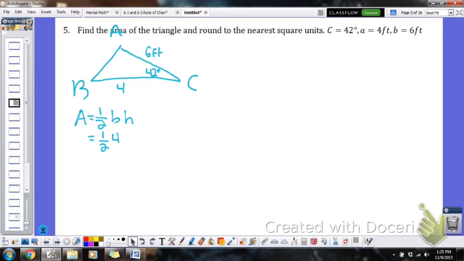In this case, I'm going to use 6 times the sine of my angle, which is 42. And all you have to do for this is just plug it into your calculator, and you'll get approximately 8 feet.